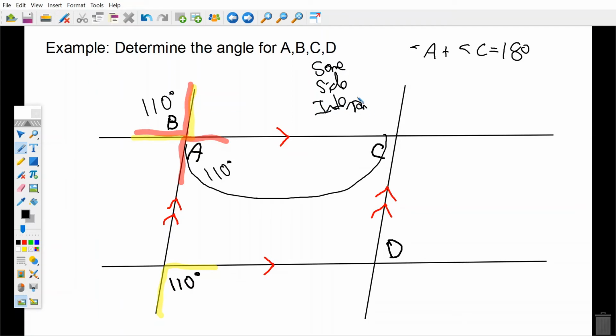Same side interior angles have to add up to 180 degrees. So if angle A is 110, plus C equals 180, we solve for C, we get C is 70 degrees. And if C is 70 degrees, then D also has to be 70 degrees, as they are alternate interior angles. So this one is 70 as well. It's important to repeat the rules as you're solving them to help them stick in your mind.